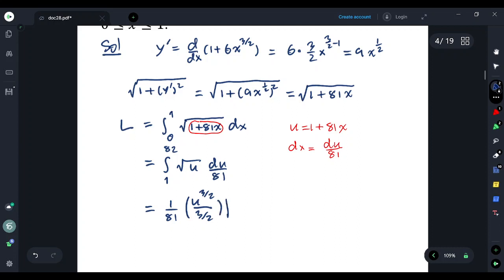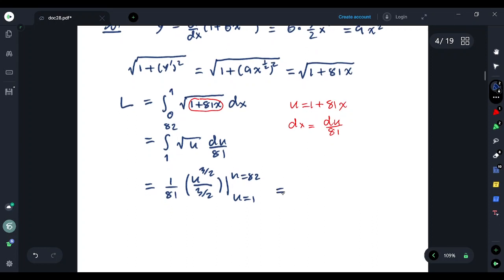Then plugging in u equals 82 and u equals 1 and doing a subtraction, that's just 2 over 243 times 82 to the power 3 over 2 minus 1. Okay, so that's the arc length.